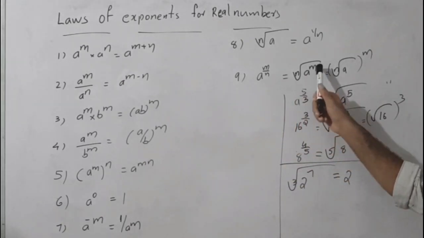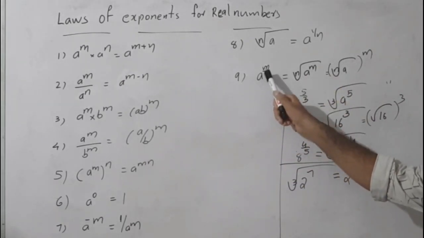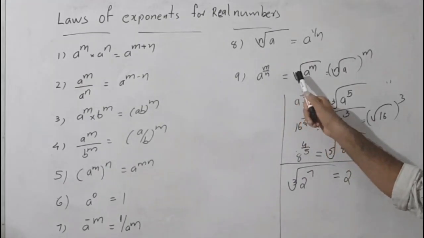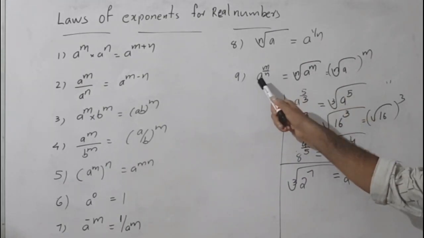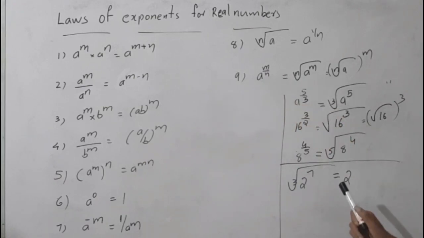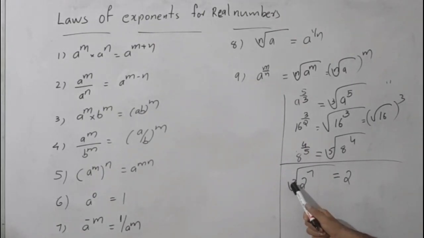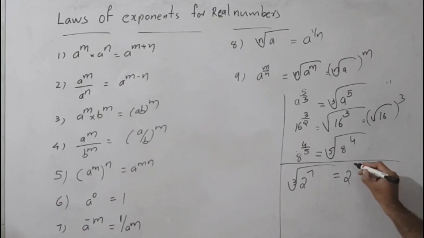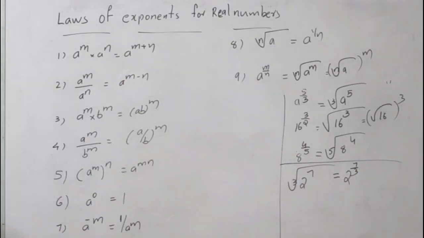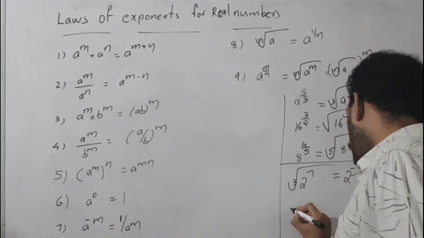Nth root of a raised to m is equal to a raised to m by n. Correct? Then what is m here? m is 7 and n is 3. Then how to write? That is 2 raised to 7 by 3.